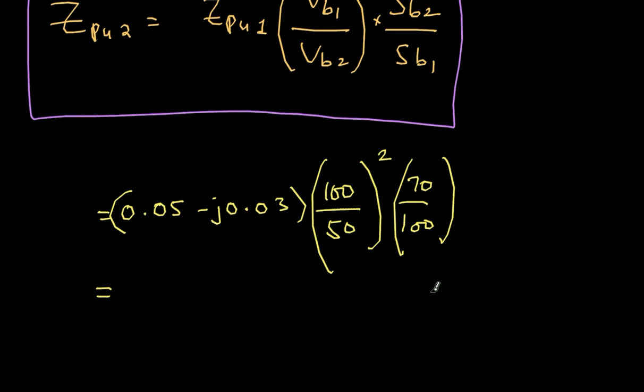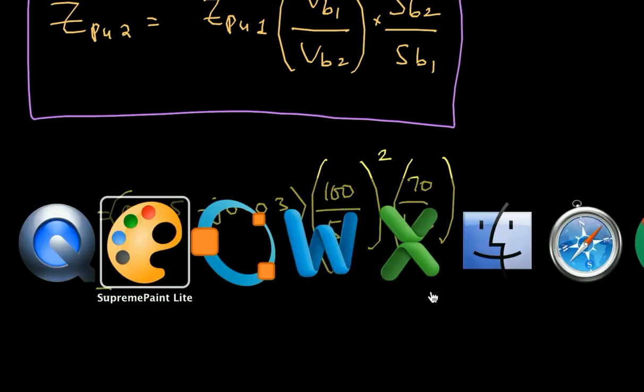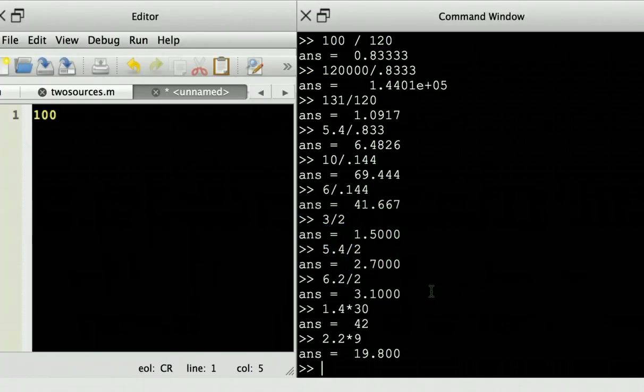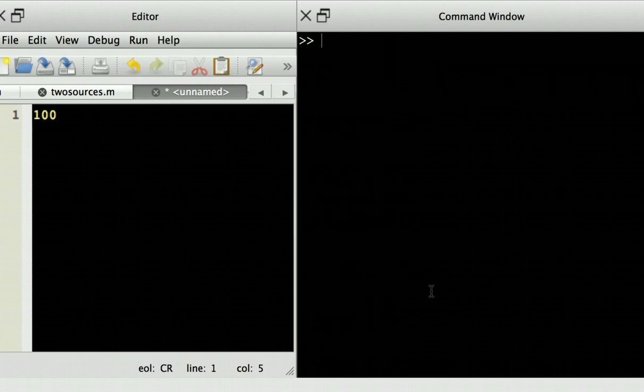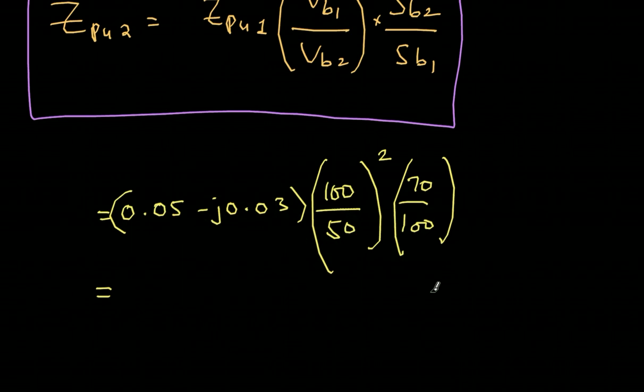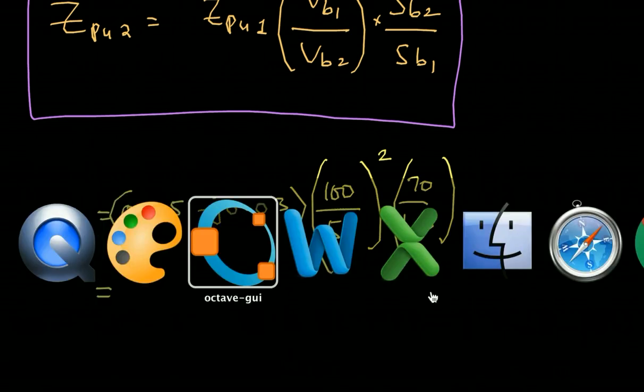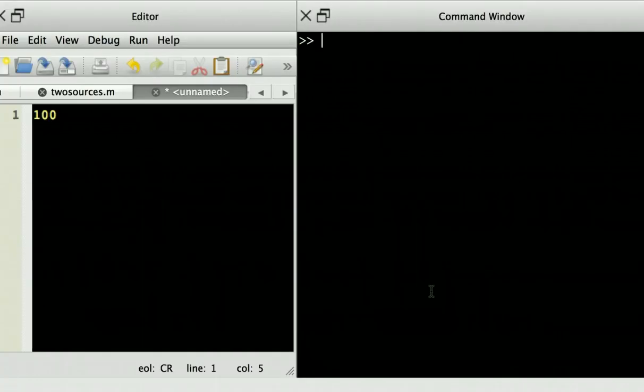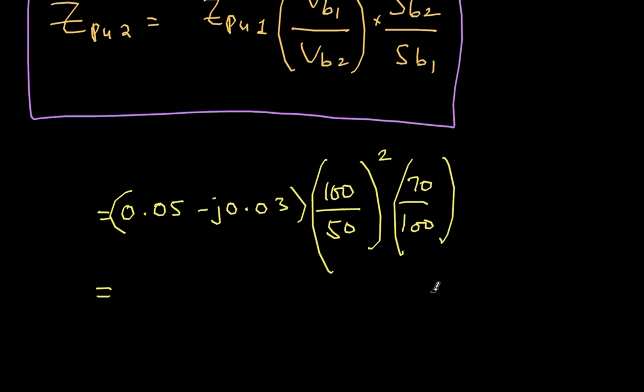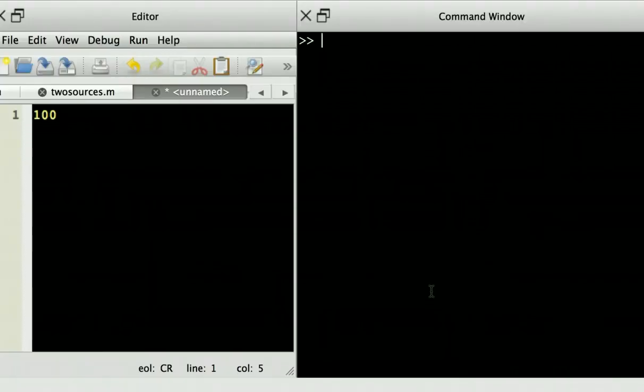So let's do that. 100 divided by 50 whole square multiplied by 70 by 100.